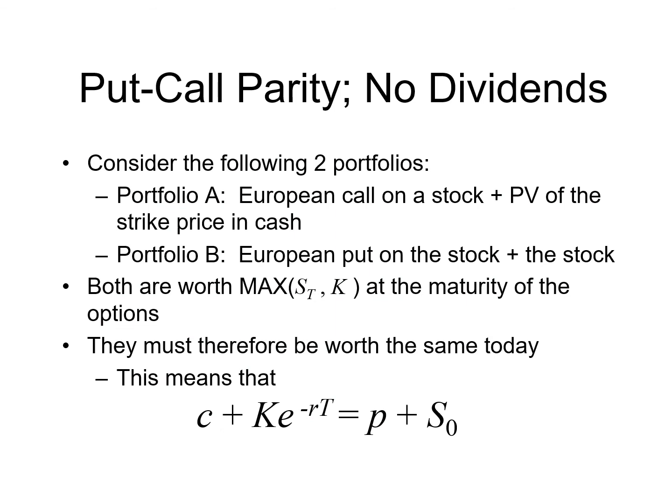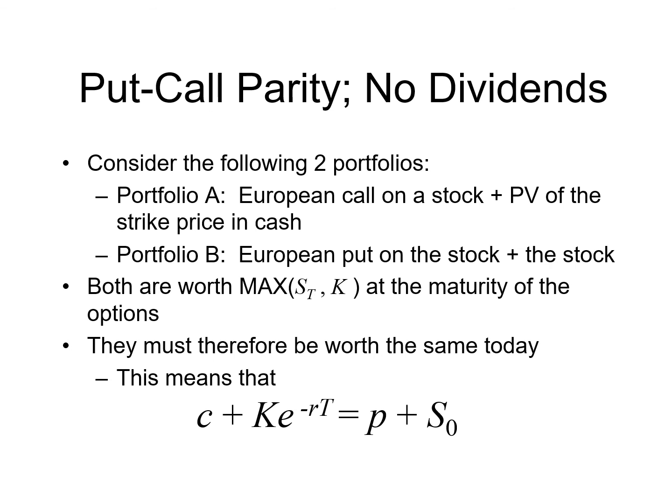Put-call parity is a very important result in option theory. Let's consider the following two portfolios. Portfolio A: the European call on stock plus the present value of the strike price in cash. Portfolio B: the European put on stock plus the stock.